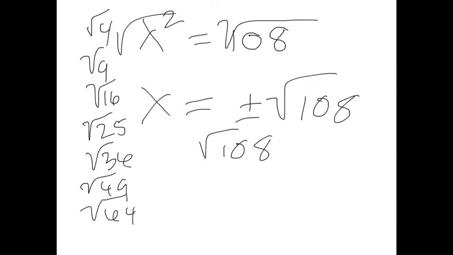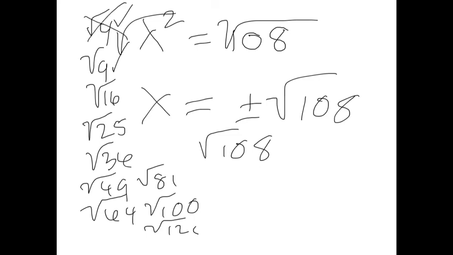Remembering that I'm going to stop when I get a number that is the same or larger than 108. I get out my calculator, I divide 108 by 4, it goes in, it's a match. But I keep going just to make sure. 108 divided by 9, it's also a match. So now I know 4, I don't want to use 4 because 9 is larger.